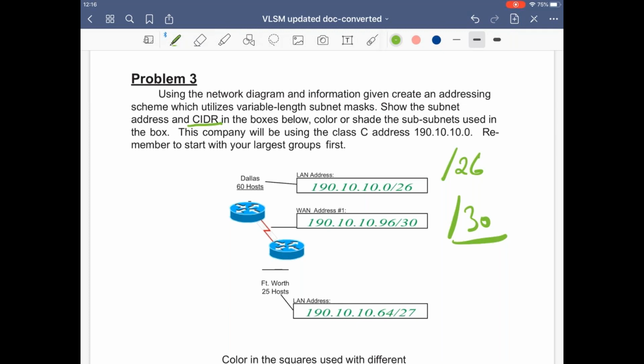Network 3, that router to router point to point connection, starts from 96, which is written there, same thing.